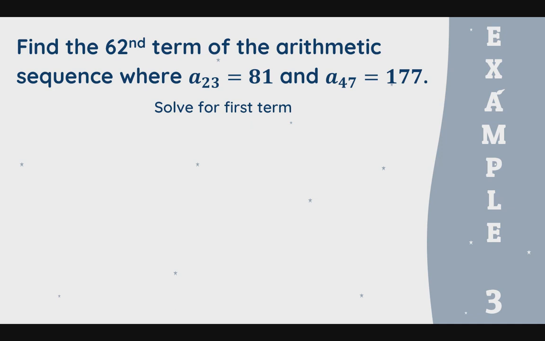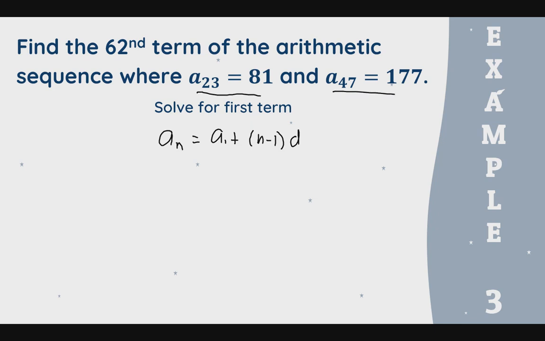To solve this, let us use our general term equation. So a sub n is equal to a sub 1 plus n minus 1 times d. In this equation, we will choose our a sub n and n from these two.